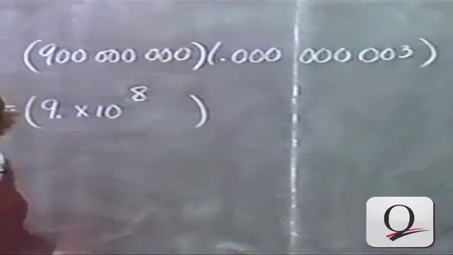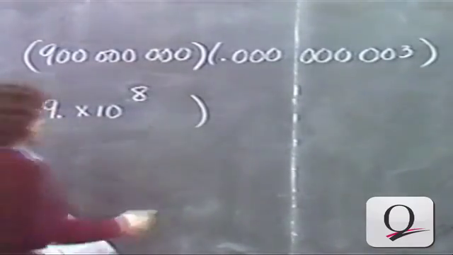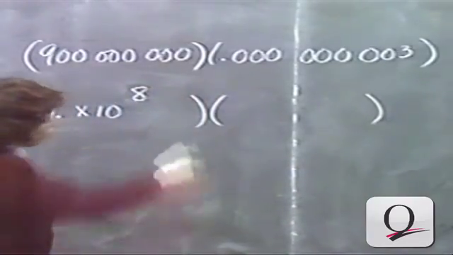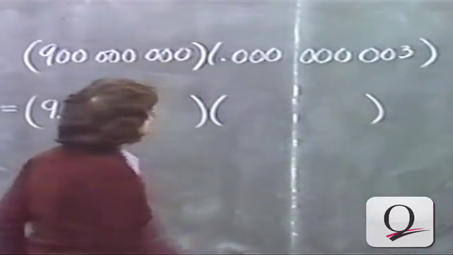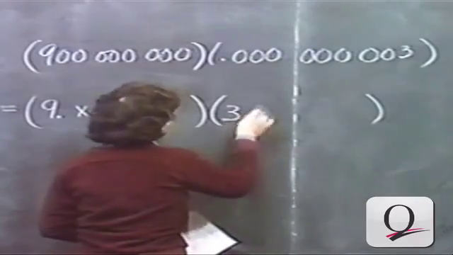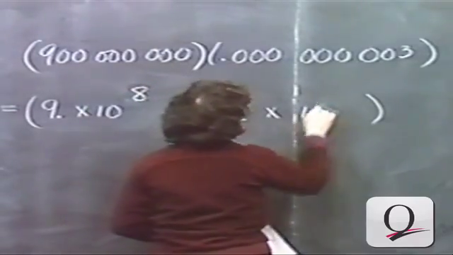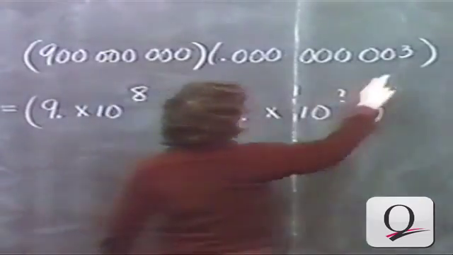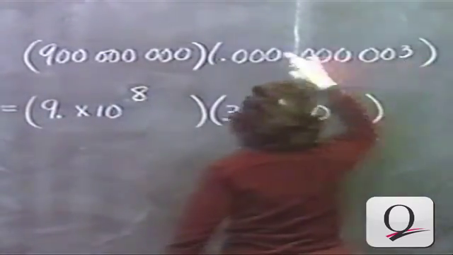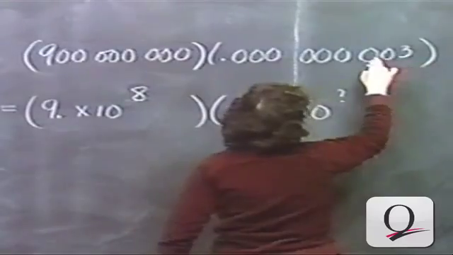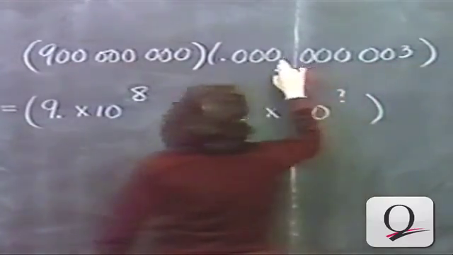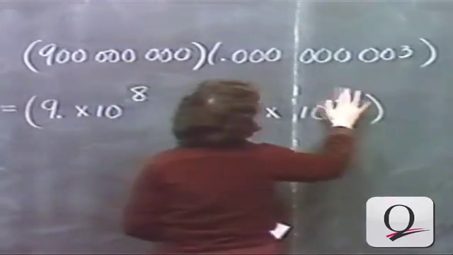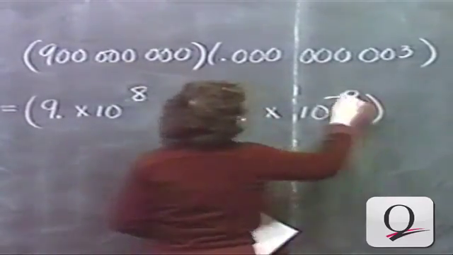Okay, 900 million is 9 times 10 to the 8th power. Similarly, this horrible-looking decimal over here is really 3.00 times 10 to some power. If we had 3 point decimal over here and we wanted to get this, we'd have to move the decimal once, 2, 3, 4, 5, 6, 7, 8, 9 times to the left. That's the same as multiplying by 10 to the minus 9th power.